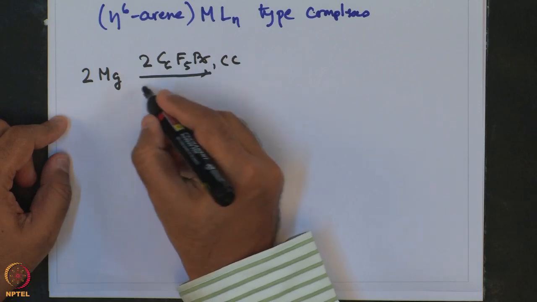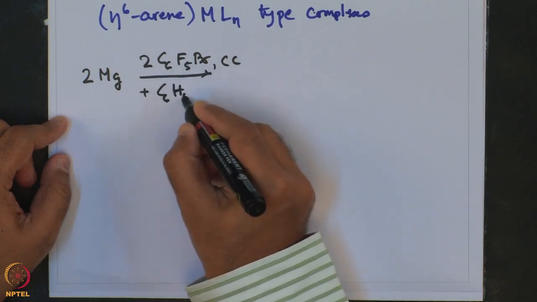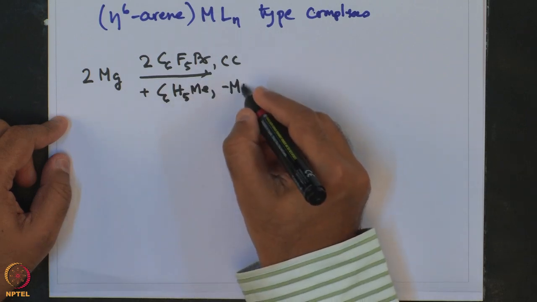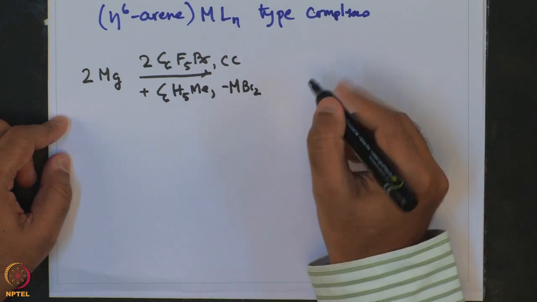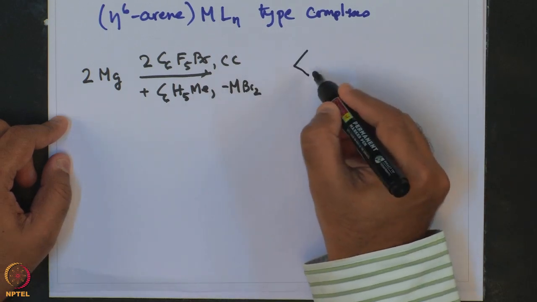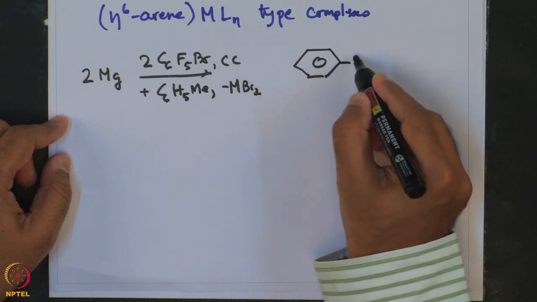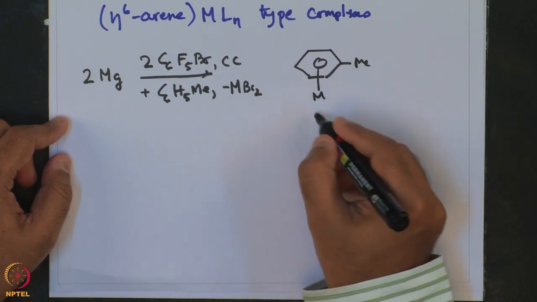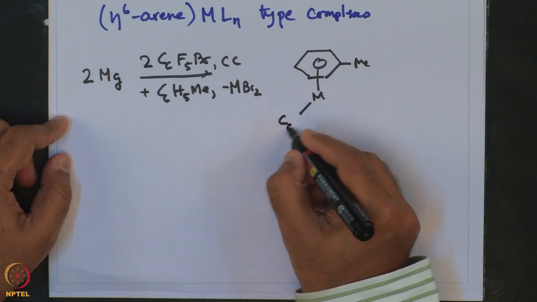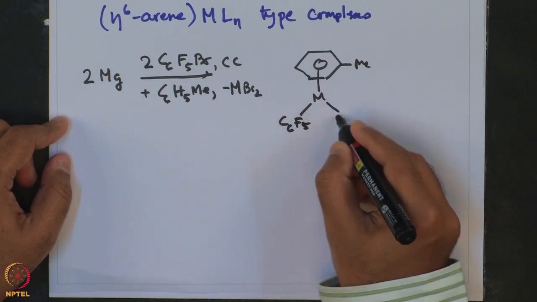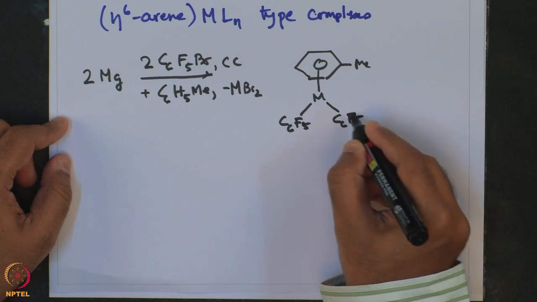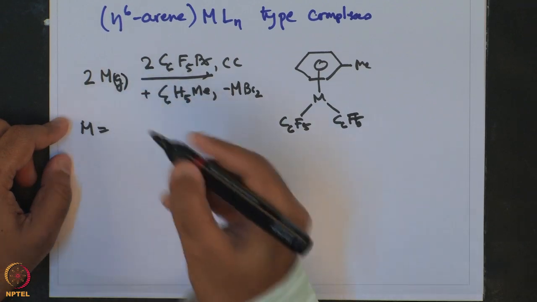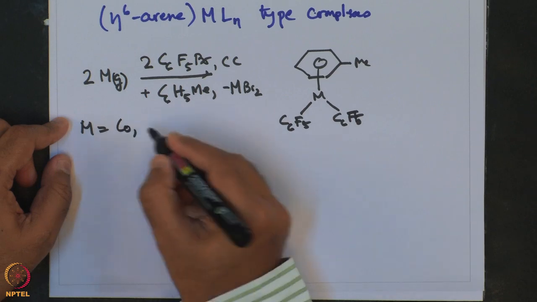This was a co-condensation method in the presence of C6H5Me, then MBr2 is lost, giving rise to this benzene substituted metal C6F5 ligand type complexes, and M equals cobalt and nickel.